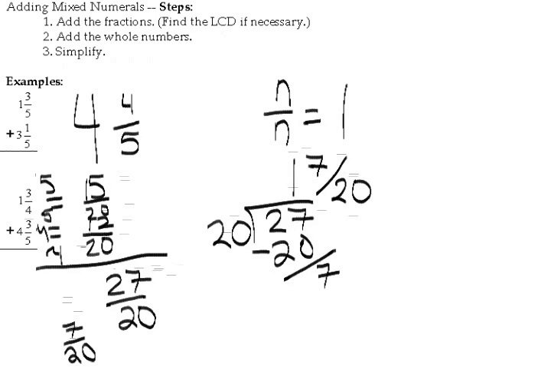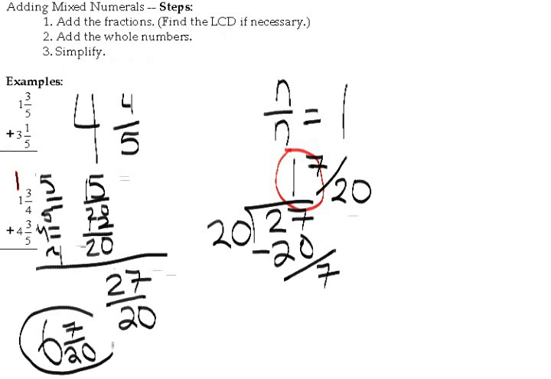And then we're going to take the whole number 1 that we have from the 27/20, and we're going to carry it and add it with the other whole numbers of the problem. So we'll add 1 plus 1 plus 4, which gives us 6.